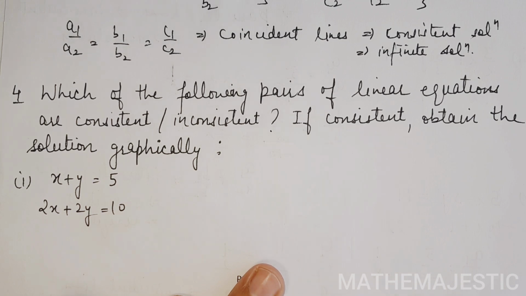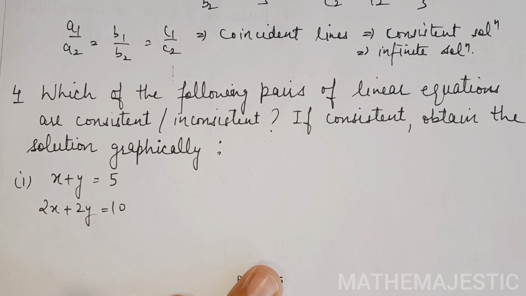It is a mixture of questions 1, 2 and 3. First we will find out whether the system is consistent or inconsistent using the ratio method, and then if the answer is consistent, we will find the solution graphically.